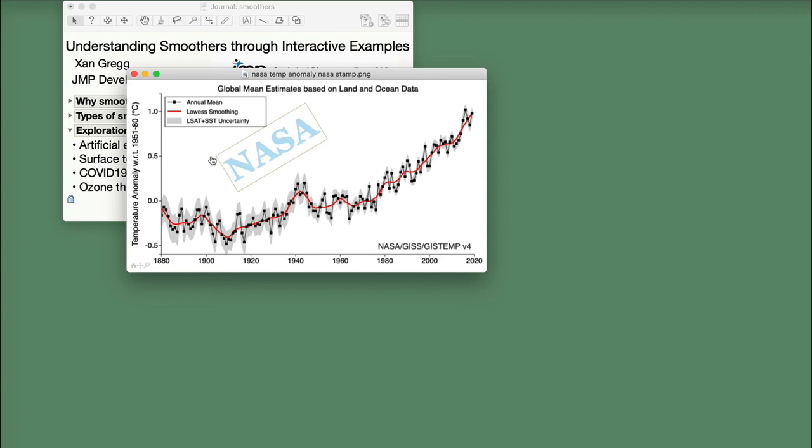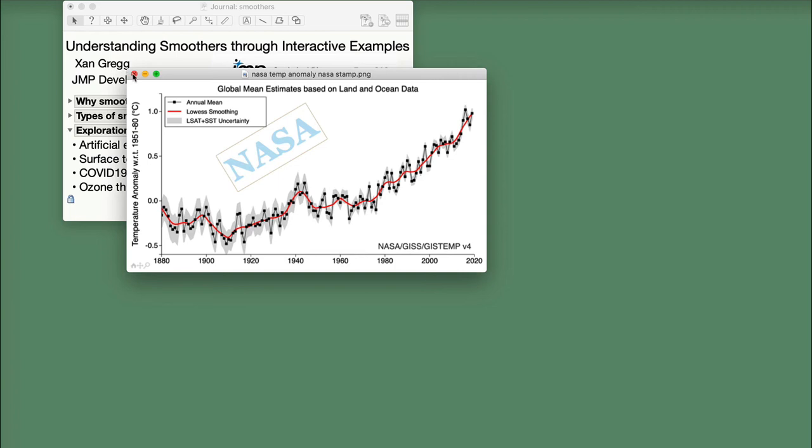So of course, I like the smoother. I don't need the connected lines, but it's NASA, so they want to be extra precise, I guess. Their smoother is a loess smoother, and it looks like a reasonable smoother as far as the degree of smoothness goes. It still accomplishes the idea of seeing the general trend.